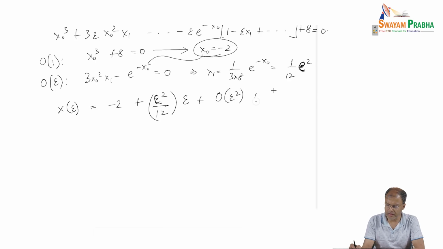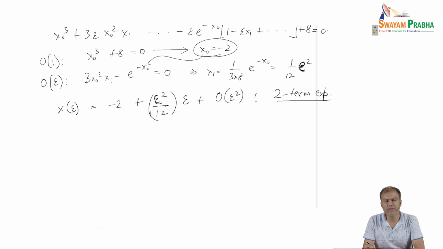So at least this is the 2-term expansion. We tried our luck using our regular Taylor series expansion, and our luck sustained, and we were able to at least find the regularly perturbed solution x of epsilon.